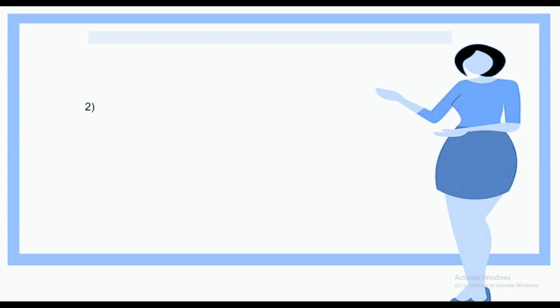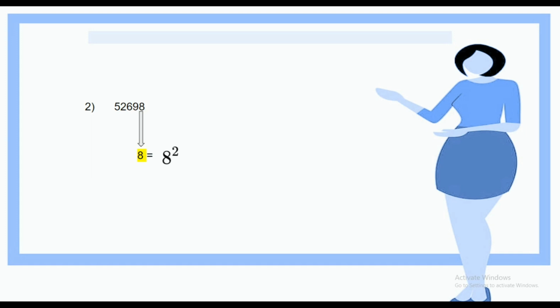Let us check out one more example. This time we have the number 52,698. The number at unit place is 8.